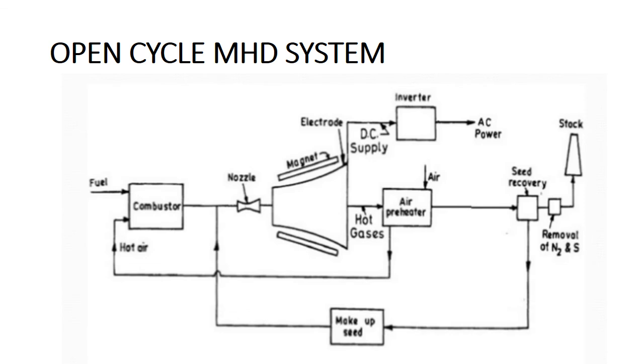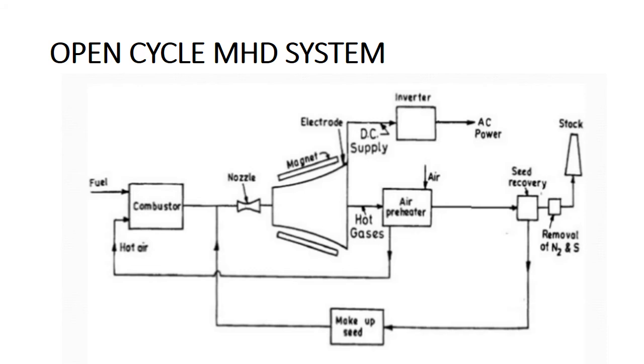For expelling the gases outside, we need clean gases, so we need to remove these seeds, these alkali metals, from the gas. For that we are using a seed recovery unit. Before removal, we can use these gases in the nozzle after the combustion chamber for the process to repeat. I hope it's clear.